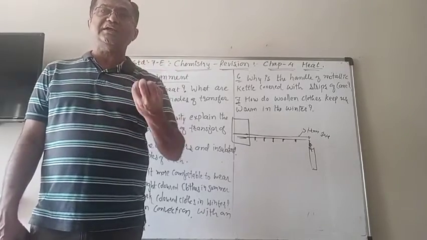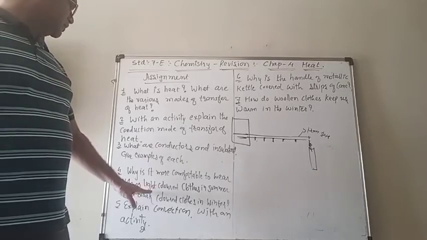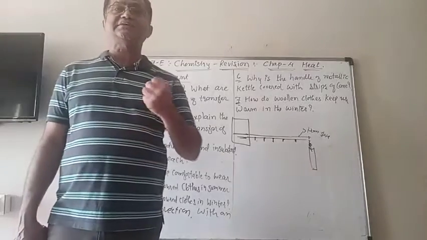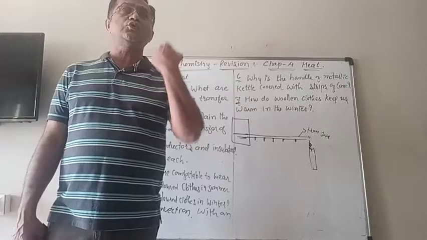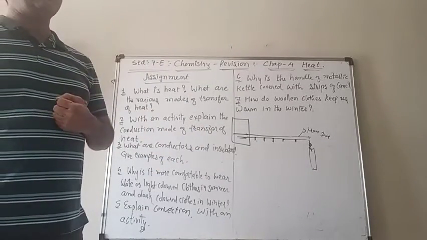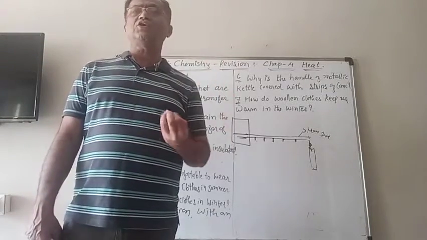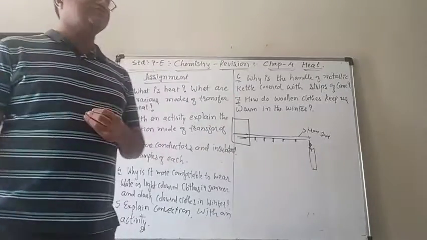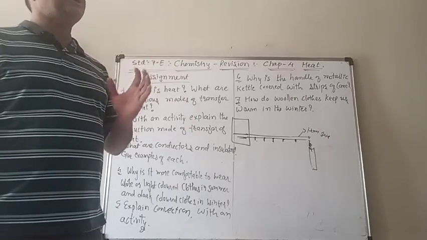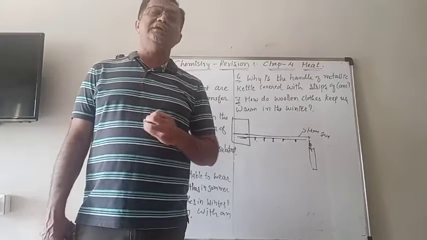Dark color generally absorbs the heat, and light color allows the heat to be thrown back into the atmosphere. So in summer it is hot, so white or light colored clothes pass the heat easily, and therefore we feel cool in them.